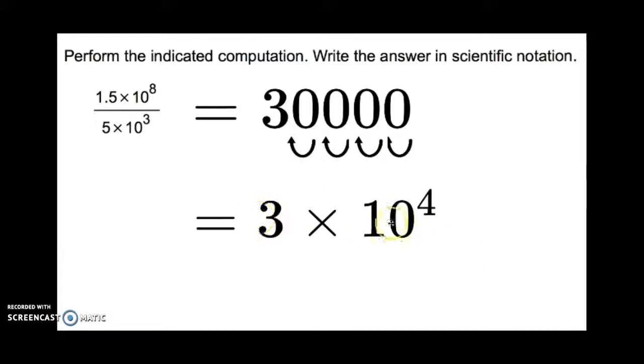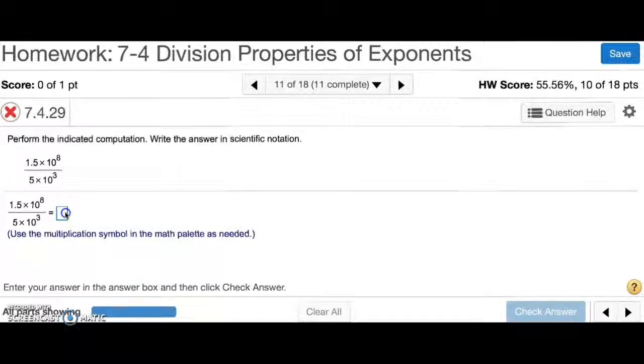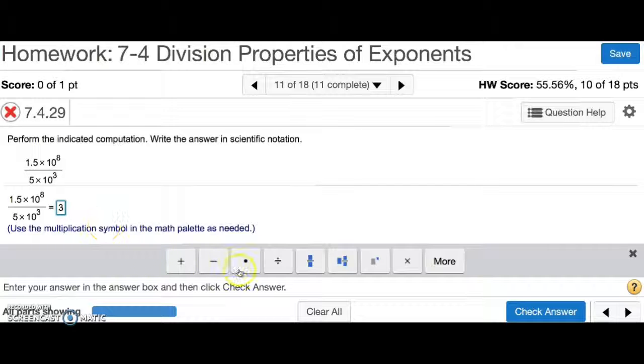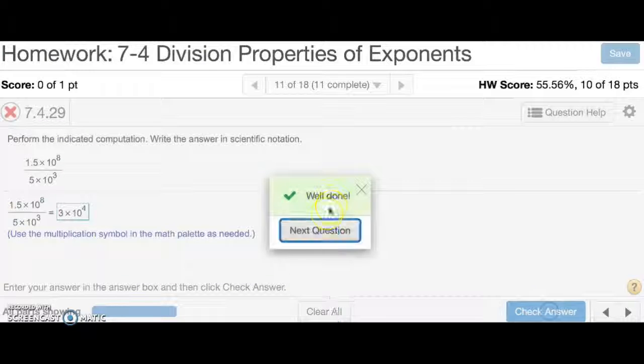Also because it is a larger number, not a smaller one, when I move to the left, I add to the exponent, so I will have 3 times 10 to the positive 4 as my answer. So let's type that in. So I have 3 times 10 to the positive 4. That's number 11.